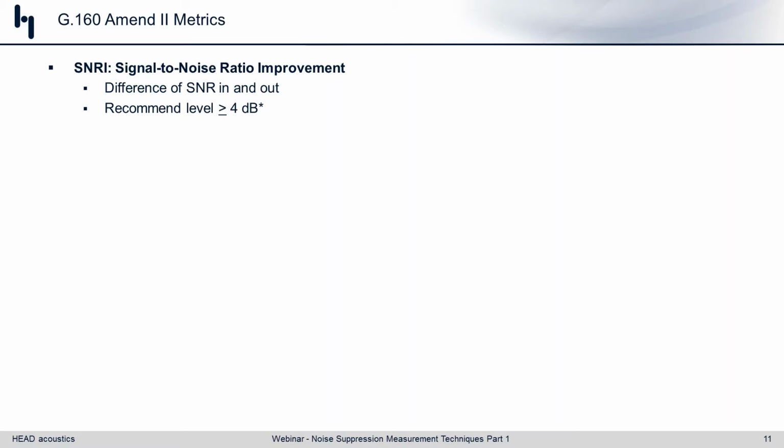The SNRI is sort of the very quick overall high level perspective. How good is the SNR going into our device and how good is the SNR going out? ITU has said, ideally, we want to see a 4 dB improvement, and that makes sense. We would like to have our noise suppressor do some type of work for us that reduces the background noise and gives us a little bit more space between our speech signal and our noise signal.